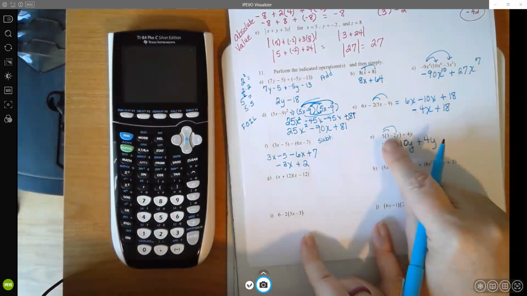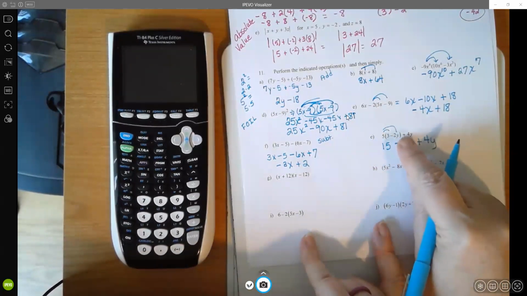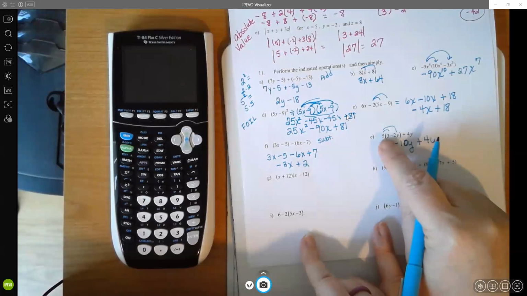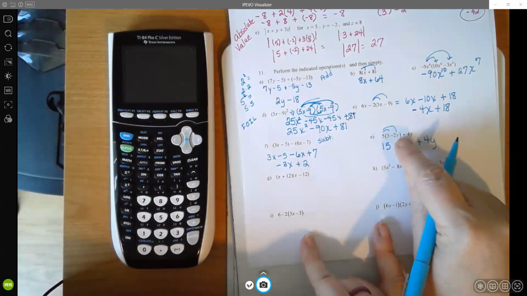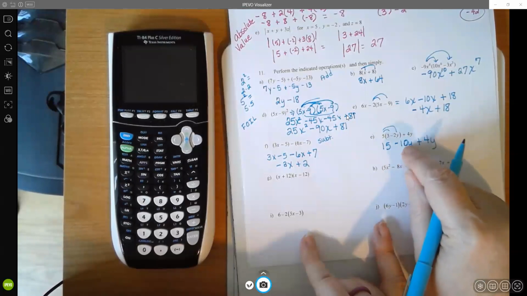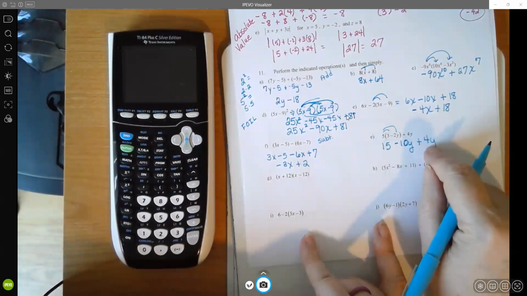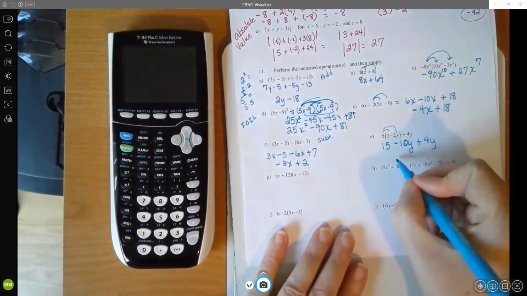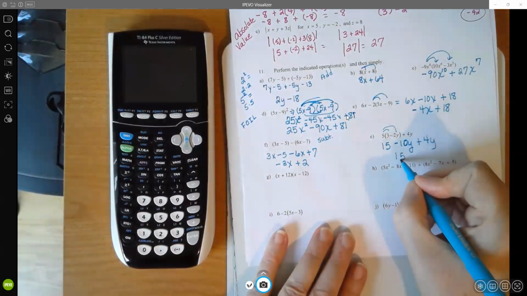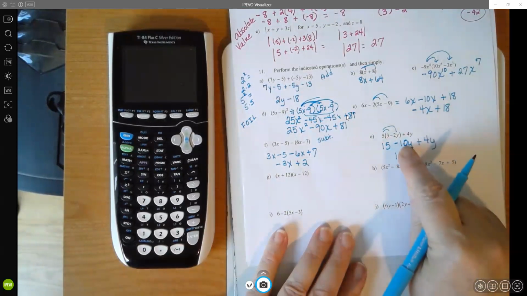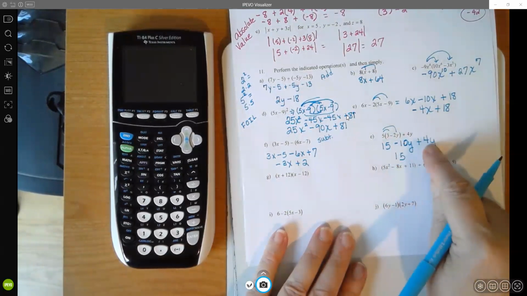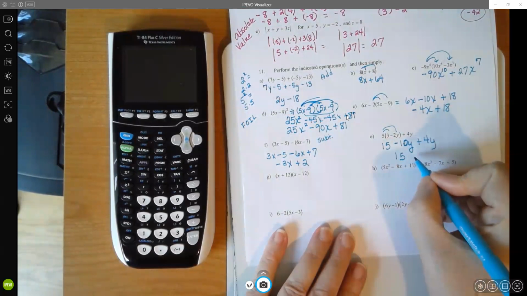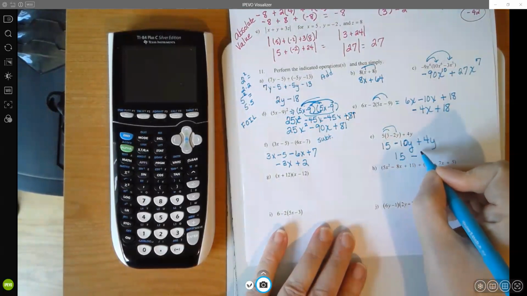So I have 5 times 3 minus 2y plus 4y. That 5 times 3 gives me 15. The 5 times negative 2 gives me negative 10y, then plus the 4y. Then I will add like terms. That gives me 15. Then negative 10y plus 4y. Negative 10 plus 4 would give me negative 6y.